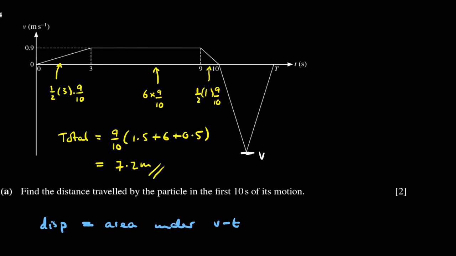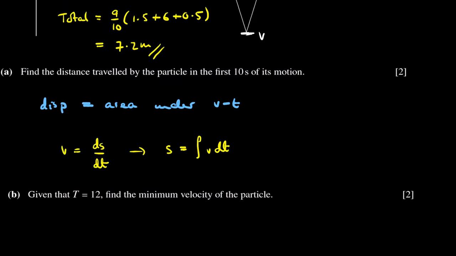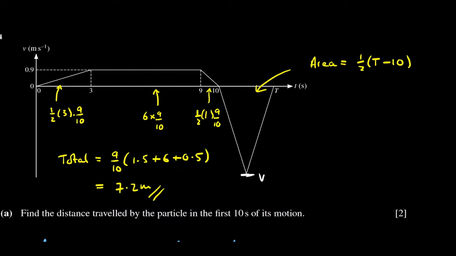So this is just the area of a triangle again. So the area of this particular triangle is equal to a half the base, which is t minus 10, beg your pardon, times v, which is the height of our triangle. And what we're told in the question is that t is equal to 12.